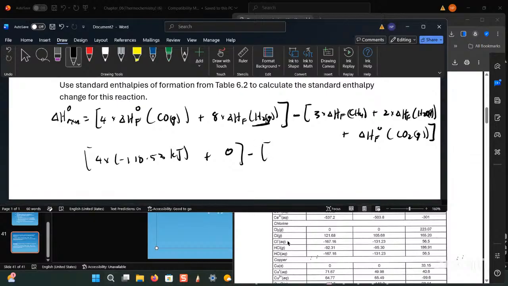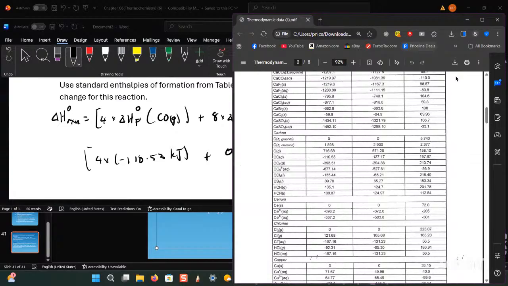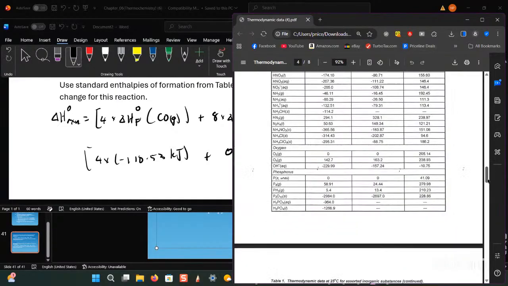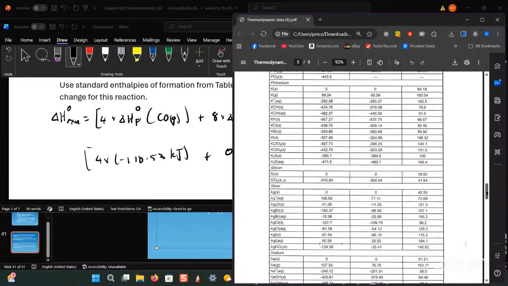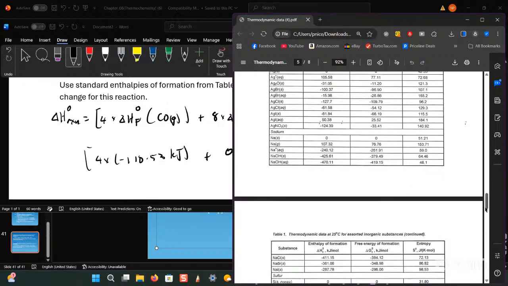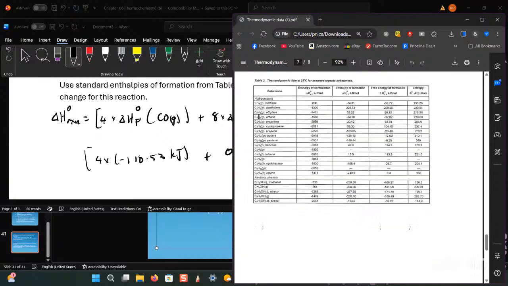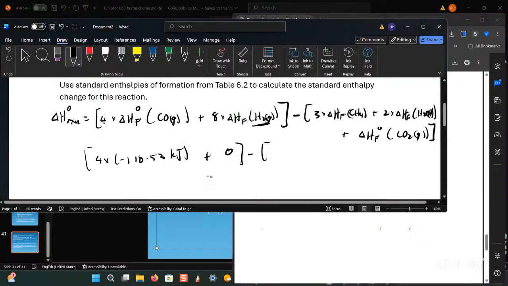One thing I should say about this table: at the very end, the last 2 pages have a special table for organic compounds, and methane is organic, so that's why I'm scrolling all the way down. For methane, the enthalpy of formation is minus 74.81.